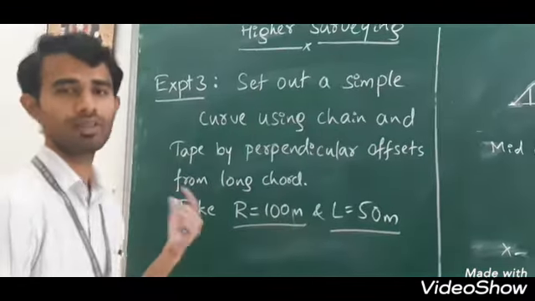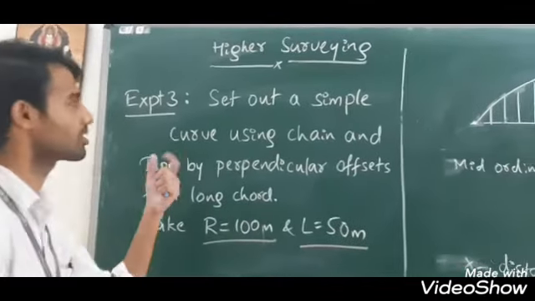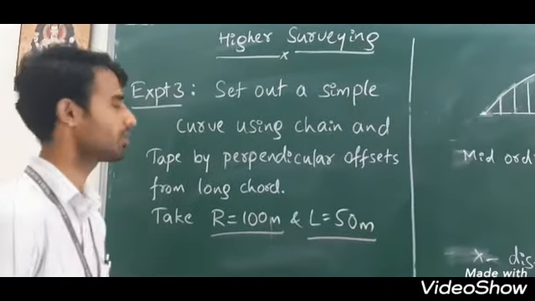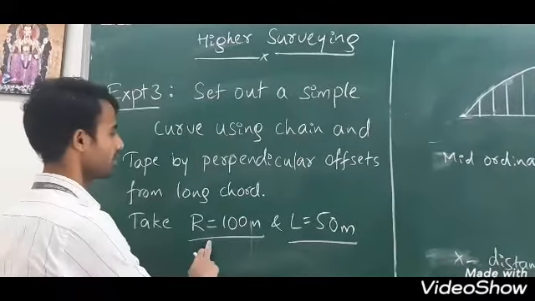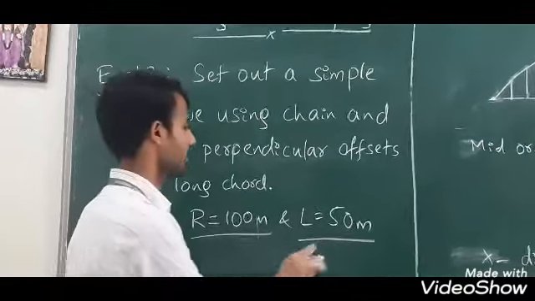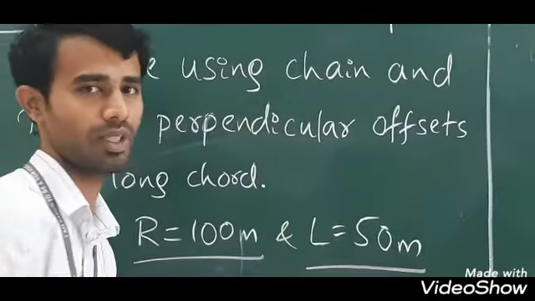Today we are learning experiment number 3, that is to set out a simple curve using chain and tape by perpendicular offsets. The data given: radius of curve is 100 meter, and length of long chord is 50 meter.